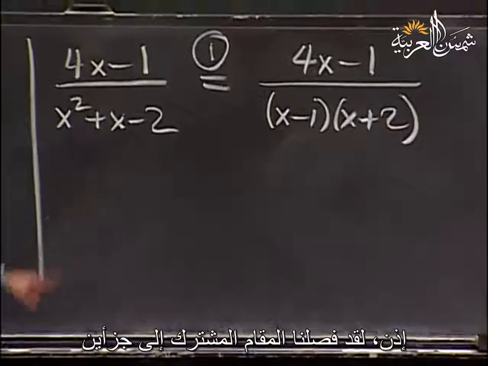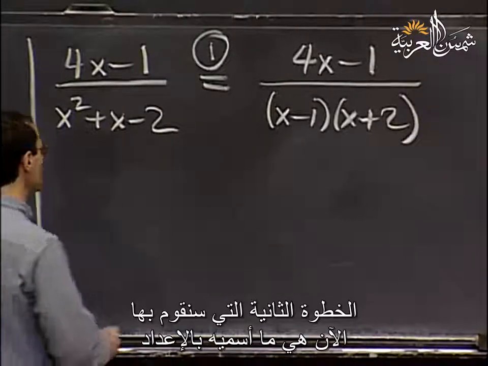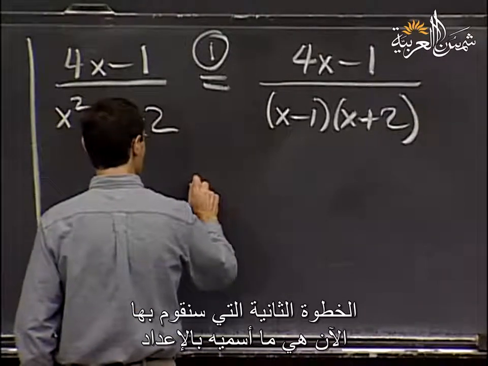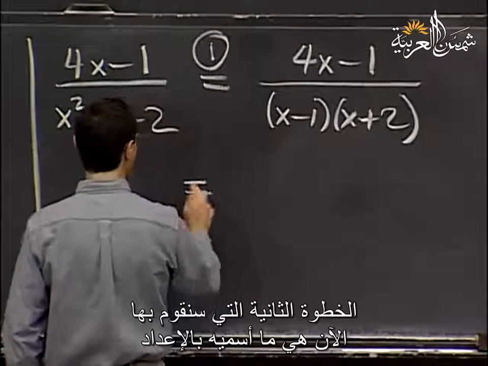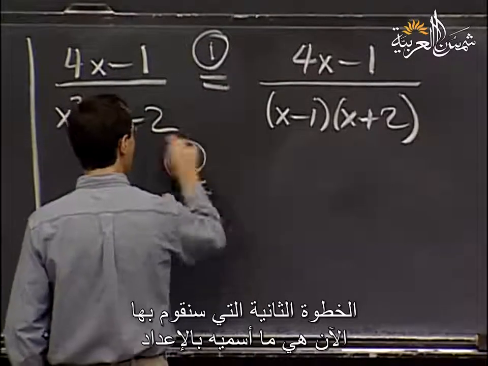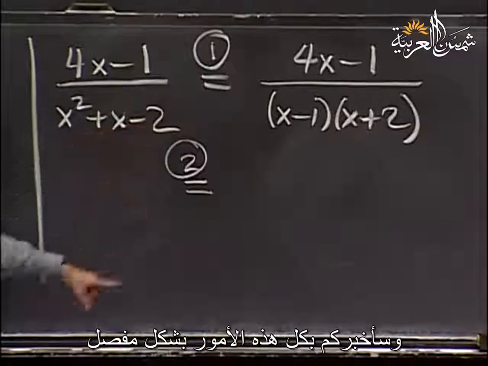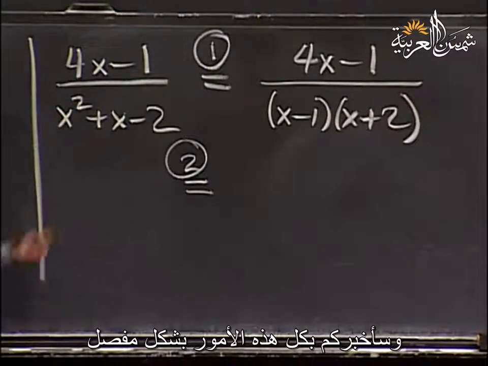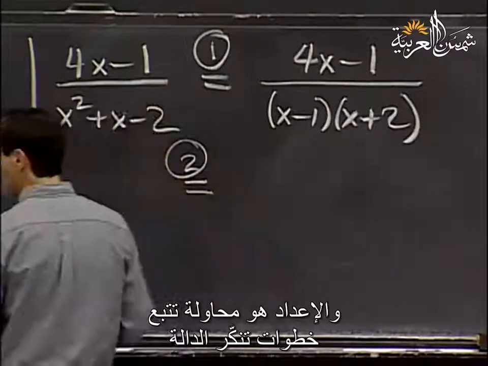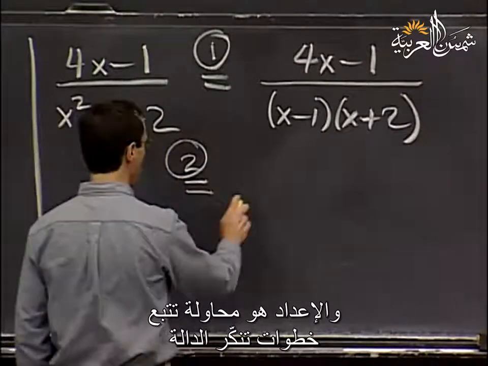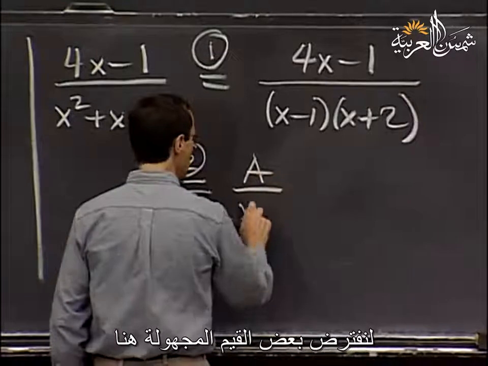So I factor the denominator, and now the second thing that I'm going to do is what I'm going to call the setup, how I'm going to set things up. And I'll tell you what these things are more systematically in a second. And the setup is that I want to somehow detect what I did before, and I'm going to write some unknowns here.